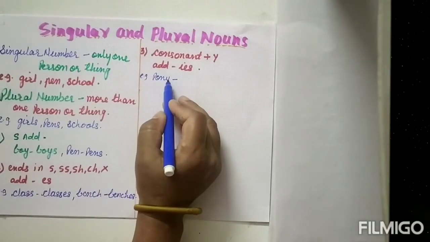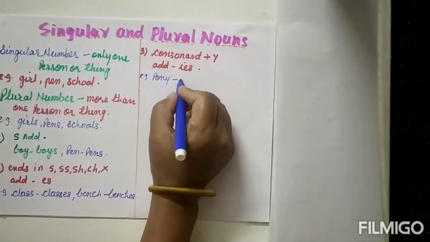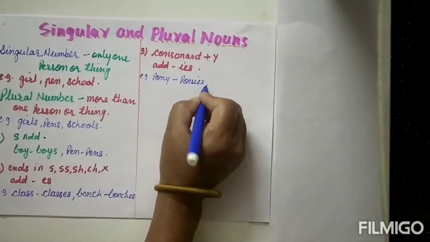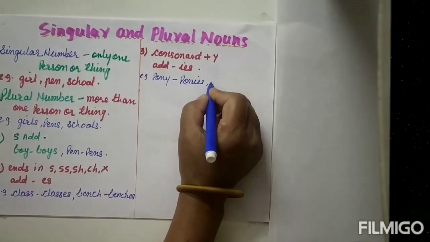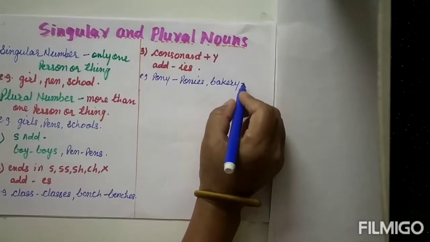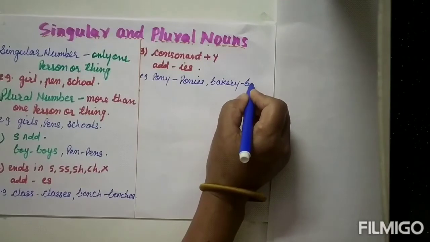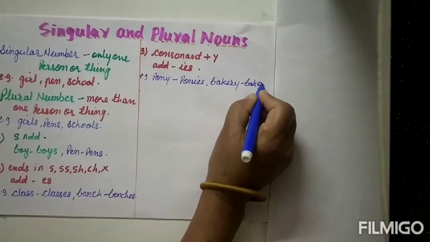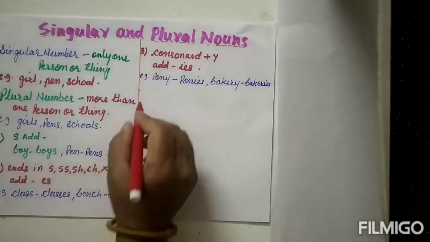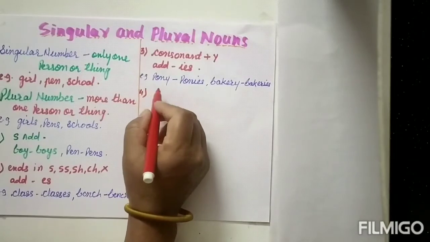Now what we are going to do? We are going to drop this y and add ies. Means ponies. Same like that, bakery, bakeries. Okay.